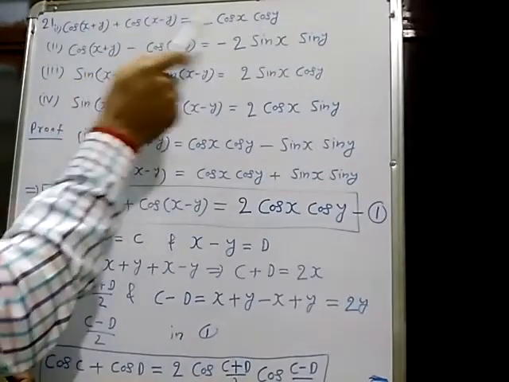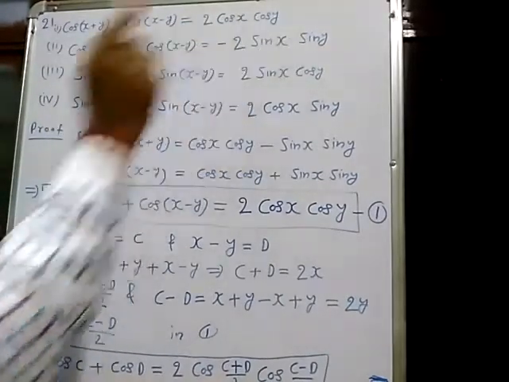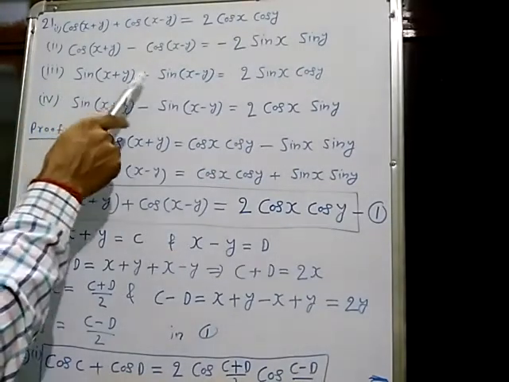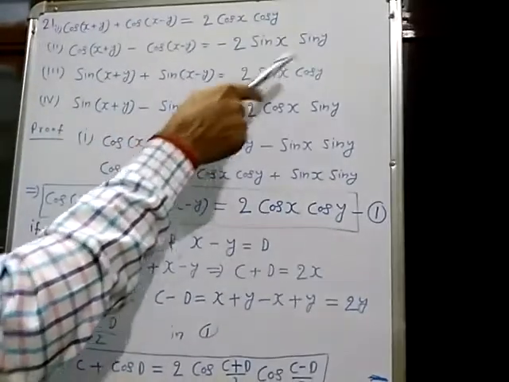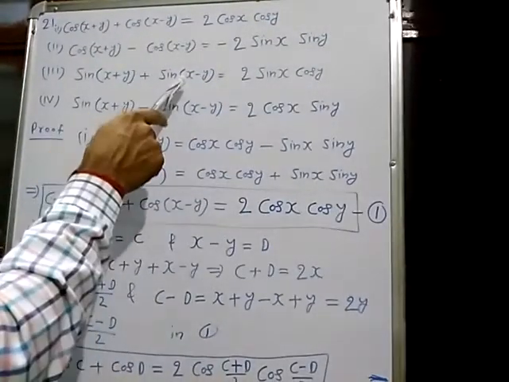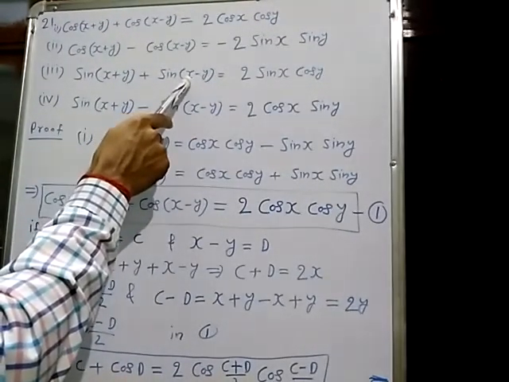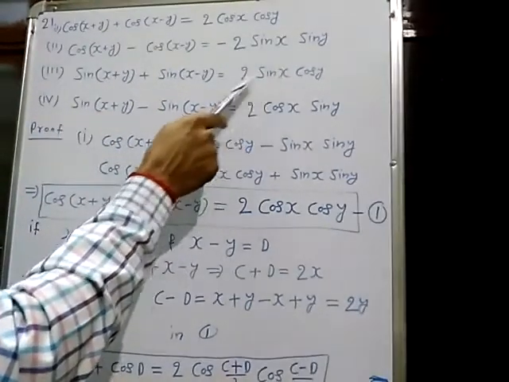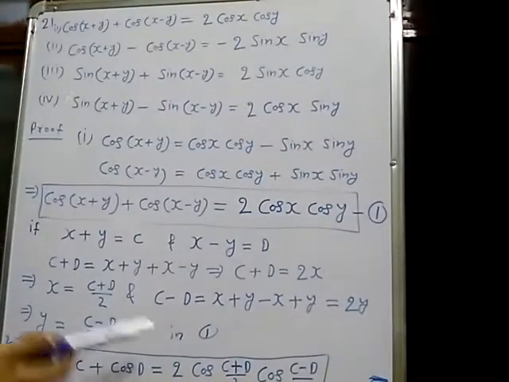In negative, −2 sin x sin y. And if sin(x+y) + sin(x−y), then one is sine, other is cos. 2 sin x cos y: the greater value, x, is greater because x−y is positive, so sin x will come first.